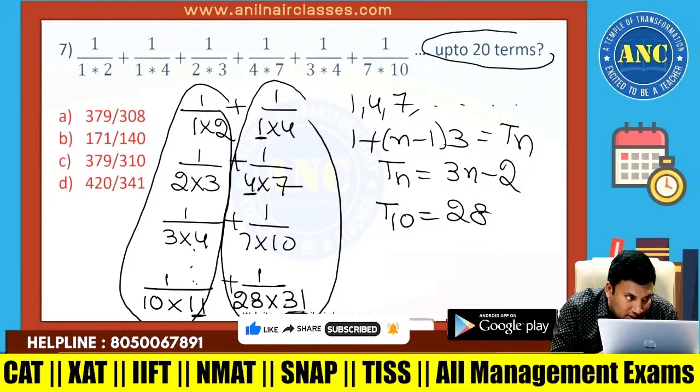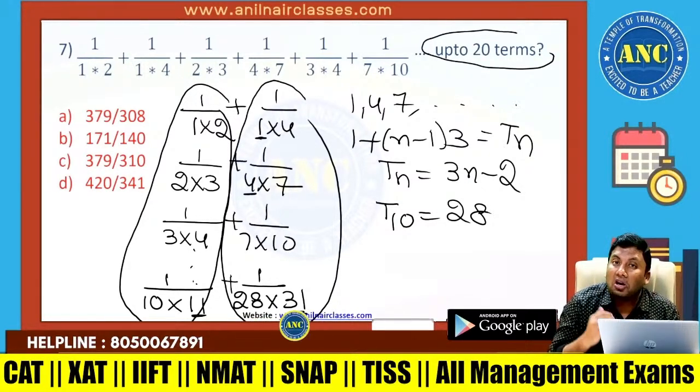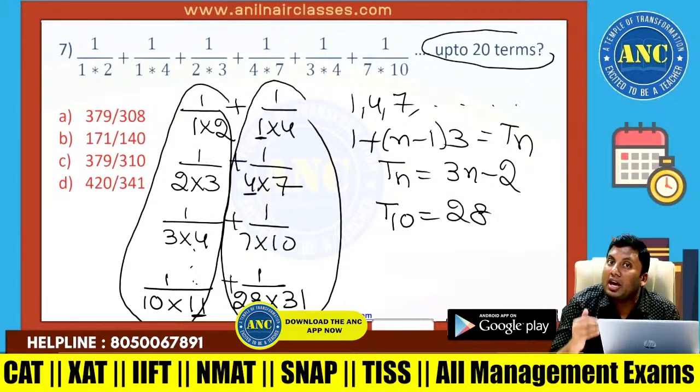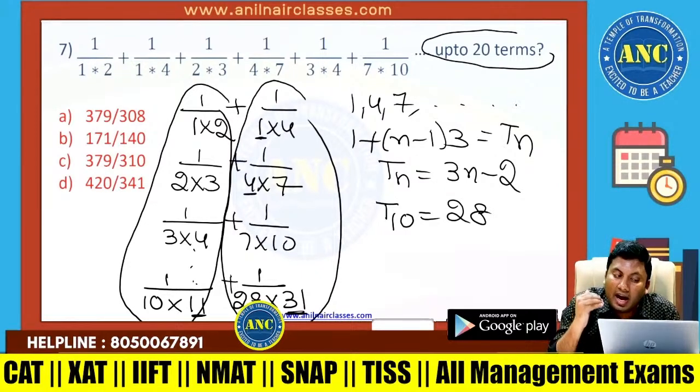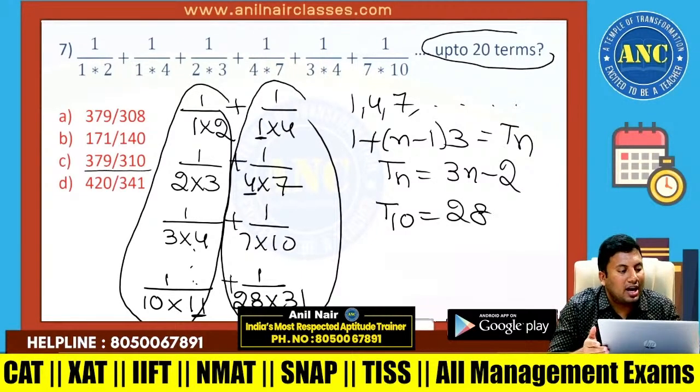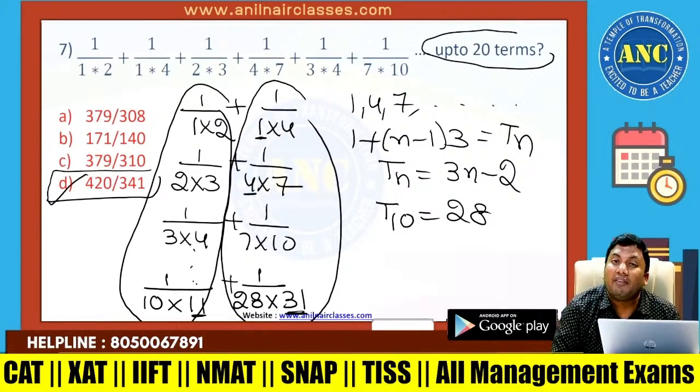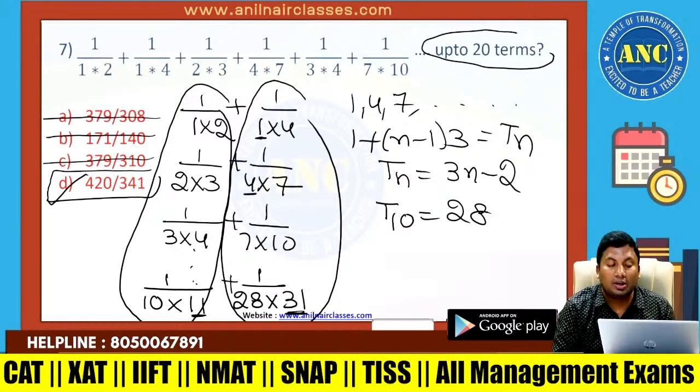In this answer, it should be 31. The denominator should be divisible by 11 and 31. 341, 1131, sir. 310, it is not divisible by 11. 140, it is not divisible by 11. 308, divisible only by 11 but not by 31.